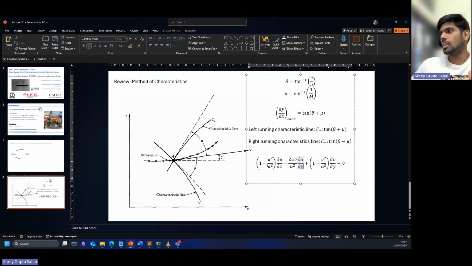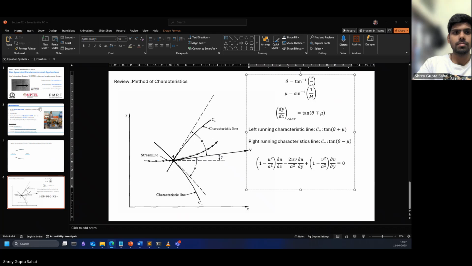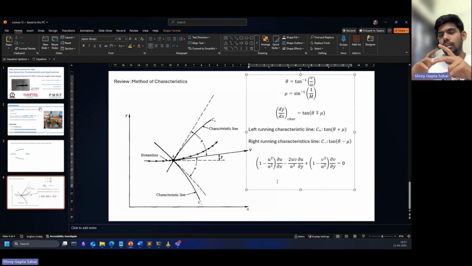You'll see that along the characteristic lines, this PDE, partial differential equation, can be converted to ordinary differential equations under certain conditions along a certain contour.